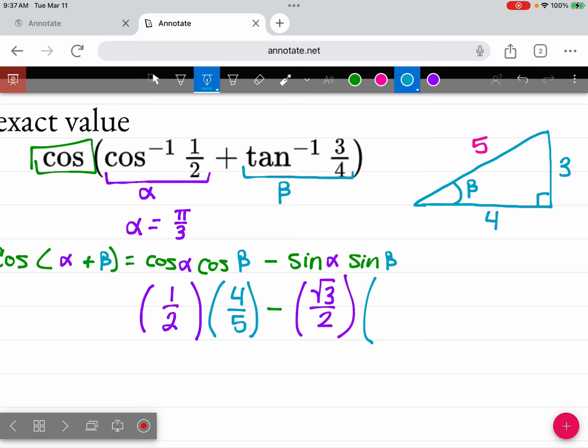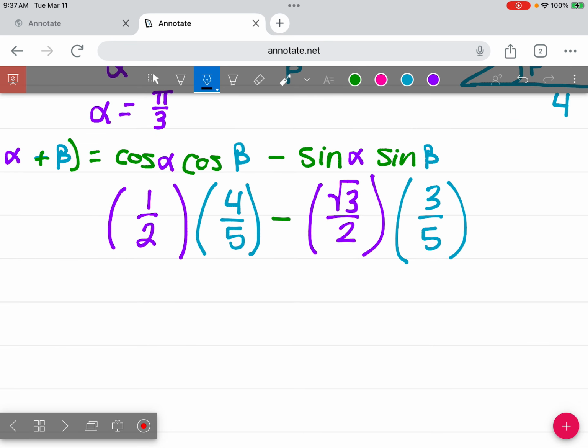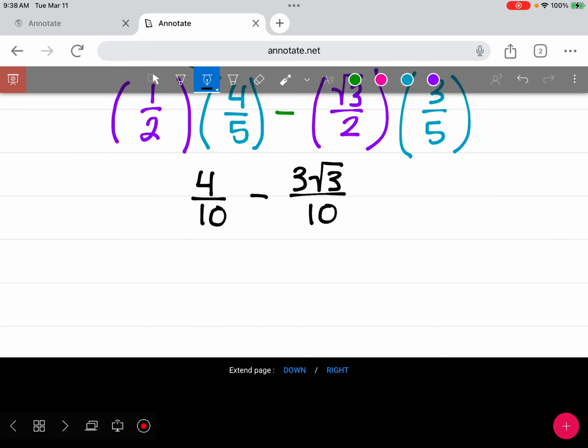And our sine of beta, opposite over hypotenuse, is going to give us 3/5. When we simplify these, we have 1/2 times 4/5 giving us 4/10, and √3/2 times 3/5 is going to give us 3√3/10. And you can write it like this.